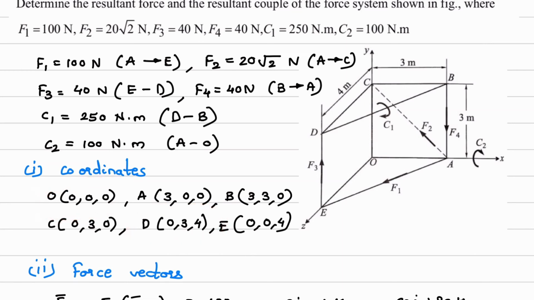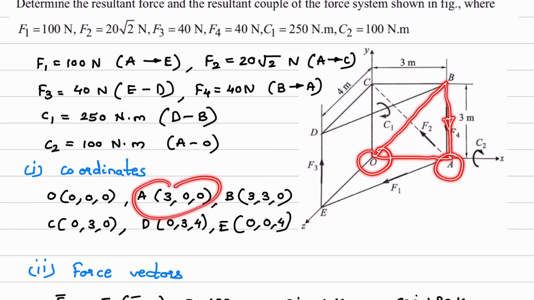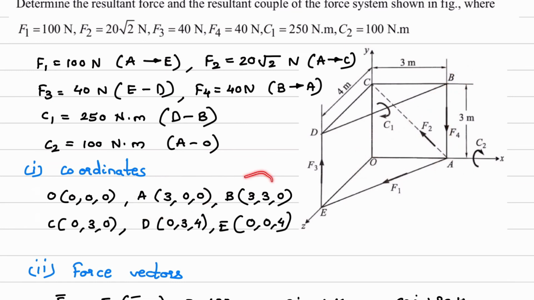Next, the position vector of force F4 will be OB or OA. OA means A minus O, so 3I, or B minus O, so it will be 3I plus 3J. And I have written the same thing on the bottom side.